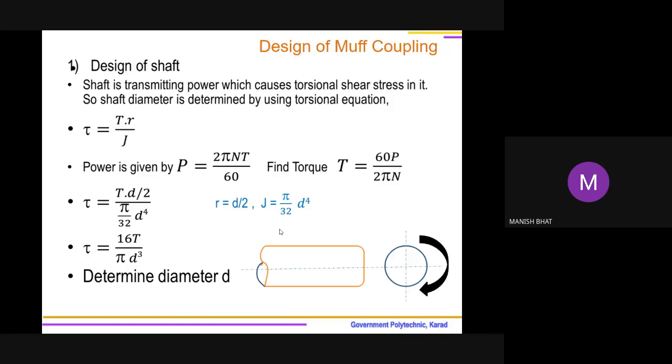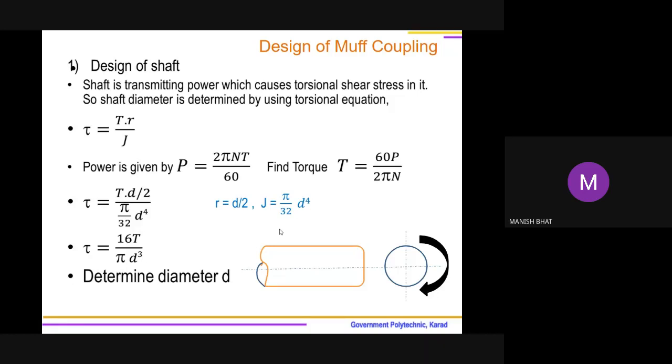The shaft is shown here. The shaft is rotating, and as it is transmitting power, we know that its failure will be due to torsional shear stress.